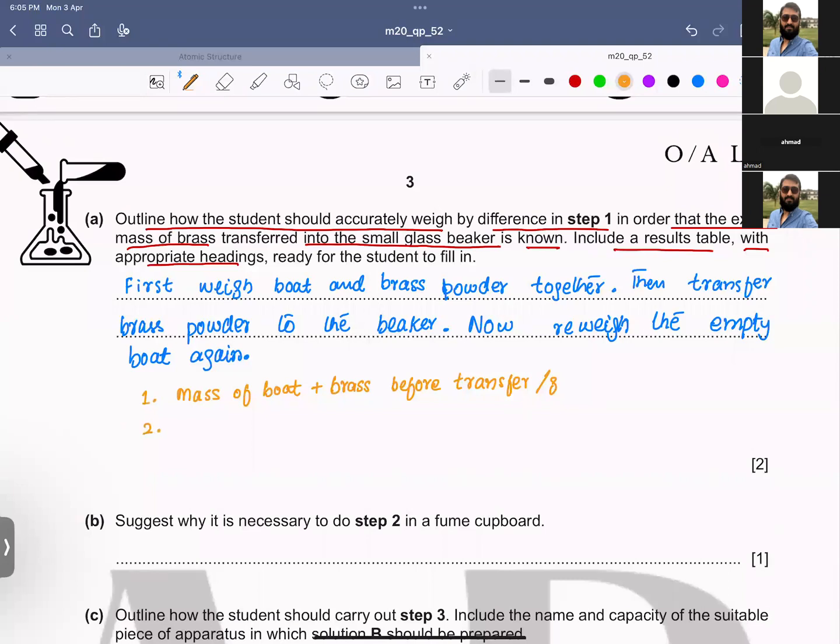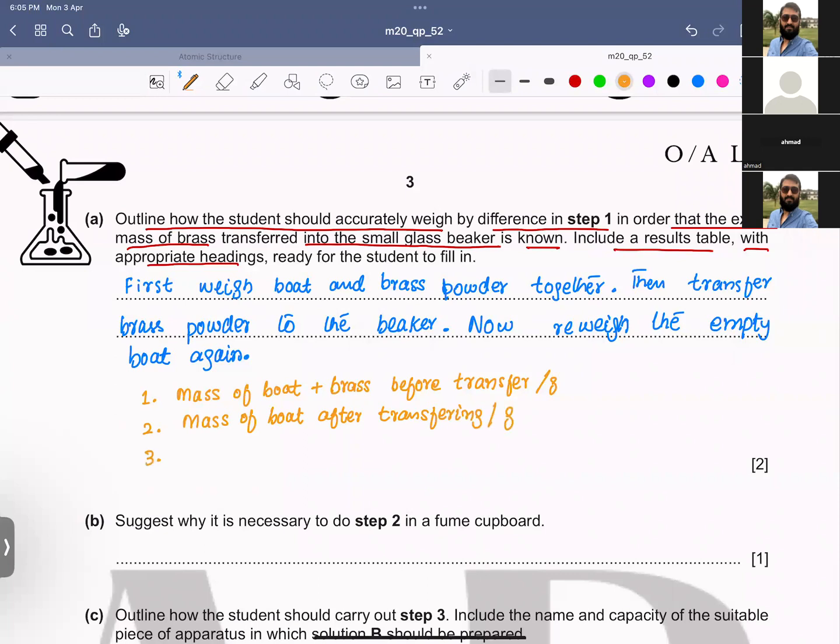Then second, mass of boat after transferring, the unit must be gram.